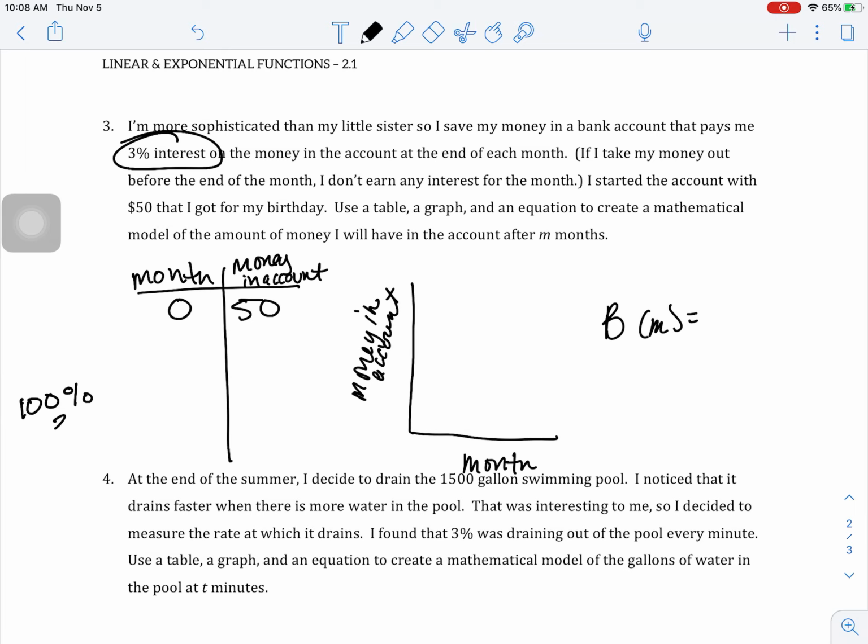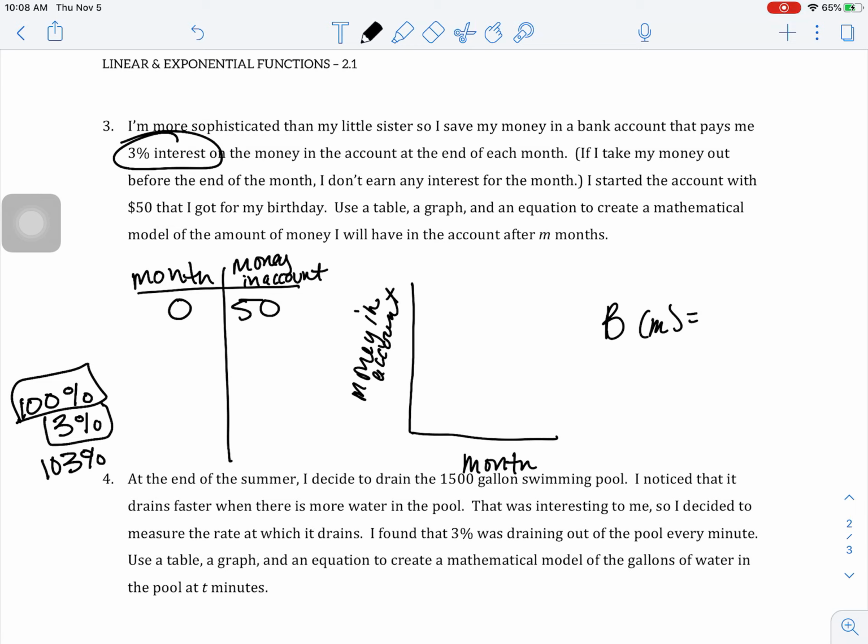And then they're going to give you an additional 3%. So the amount of money in your account next month is going to be 103% of the money that was already in there. So if it's increasing in percents, you take 100, you add the new percent, and you get a total of 103%.